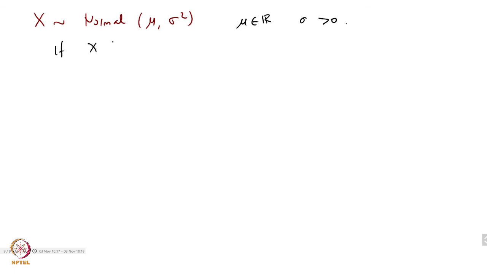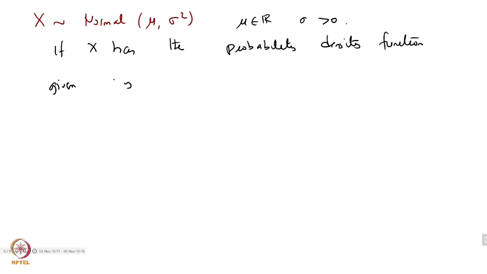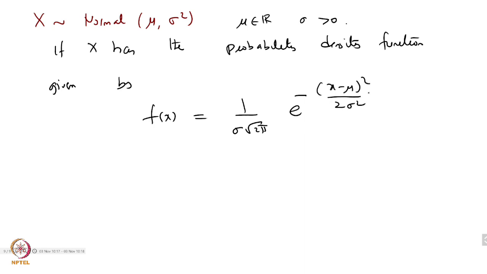If X has probability density function given by f sub X of x equal to 1 over sigma times square root 2 pi, e to the minus (x minus mu) whole squared by 2 sigma squared, for x in R. We will later show the importance of mu and sigma squared.